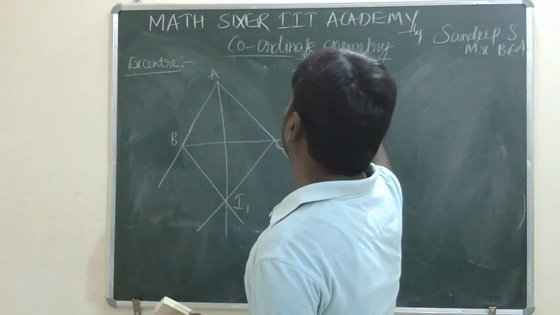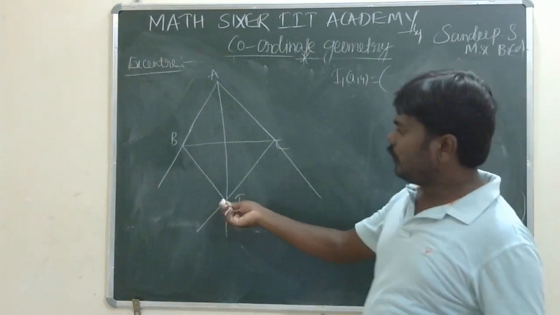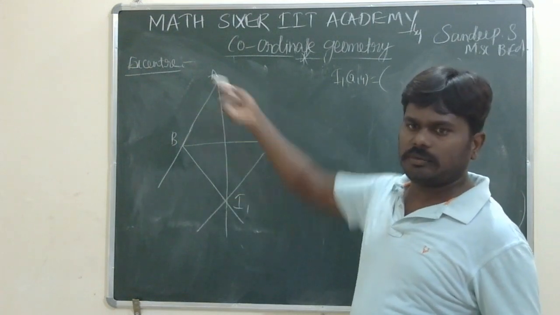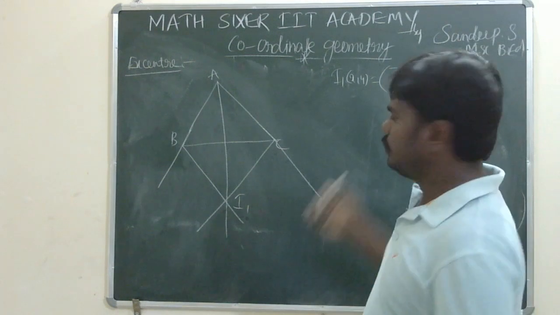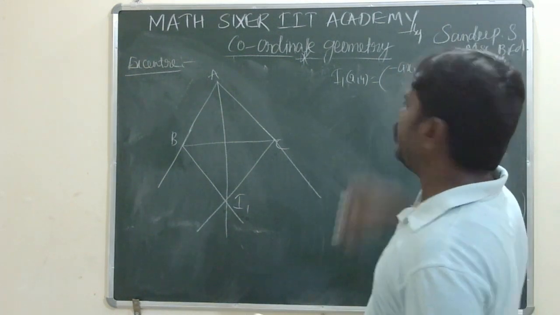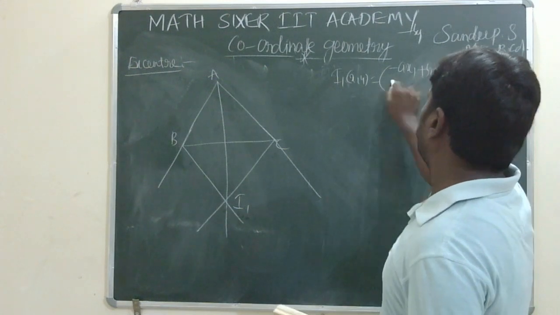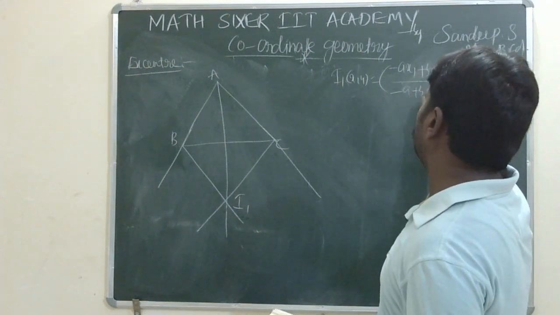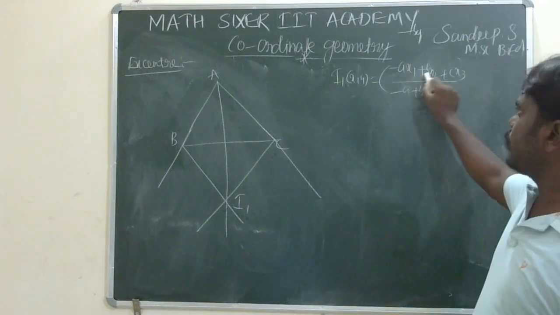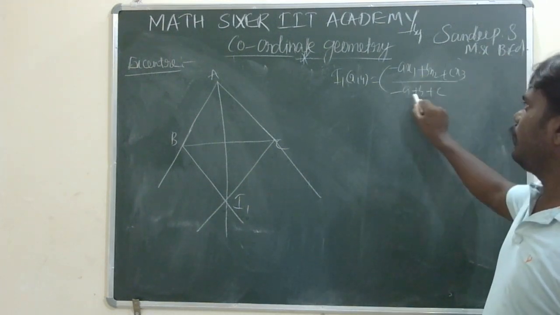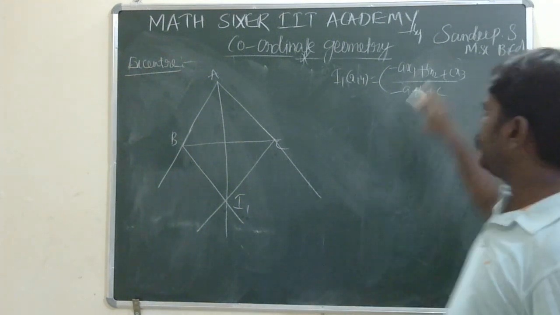I1 of x comma y equals, here only one internal angle is involved, so give the minus sign for the first term. Minus AX1 plus BX2 plus CX3 by minus A plus B plus C. Actually what we have to do is AX1 minus BX2 minus CX3 by A minus B minus C will come, but after taking minus common, you will get the same.